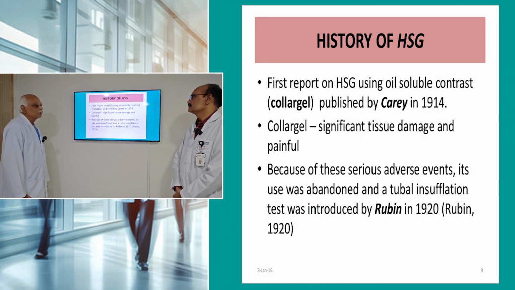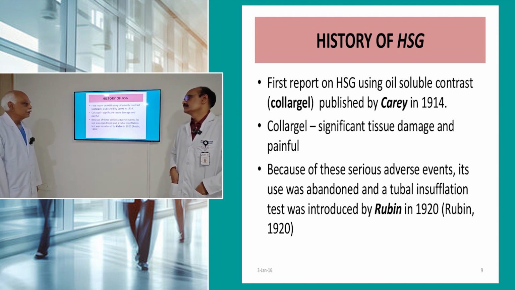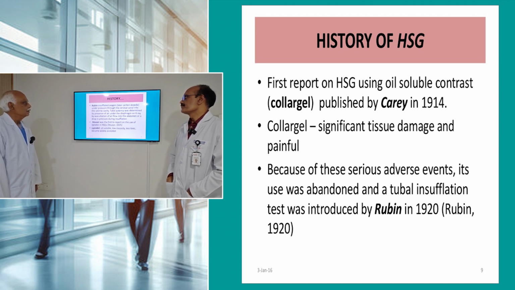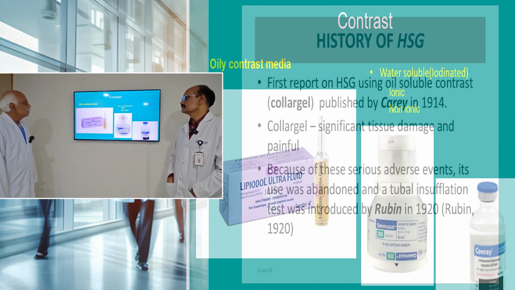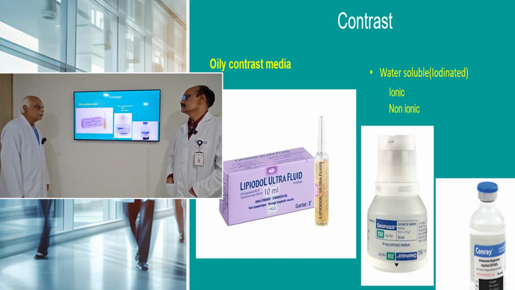Hysterosalpingogram is a century old. It was done in 1914, first by Rubin, and the contrast media changed over these 100 years. One highly contrast medium called Lipiodol is very expensive.